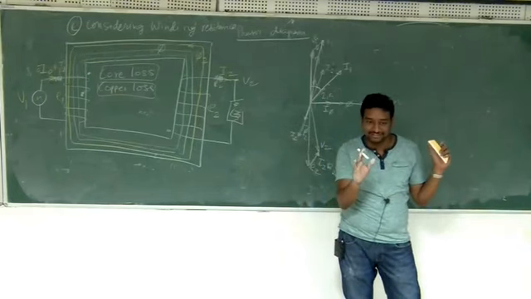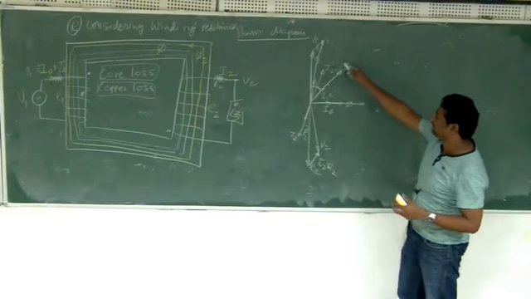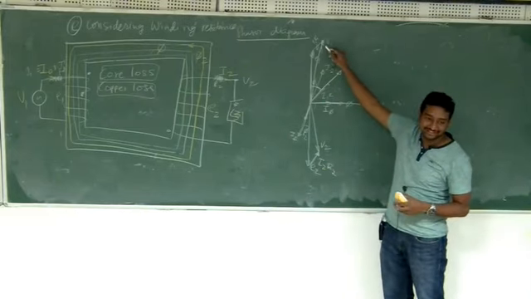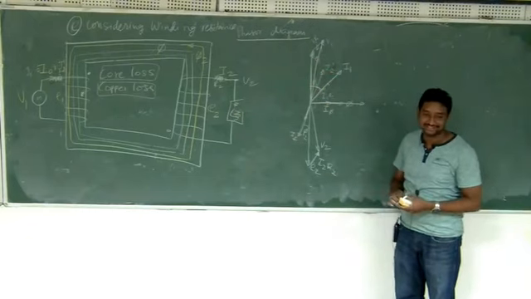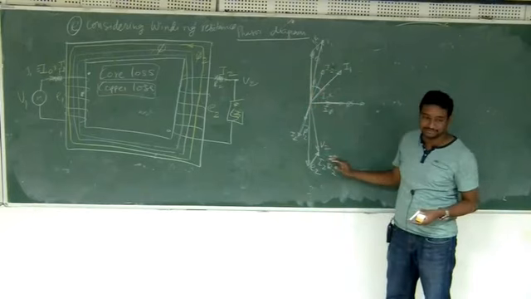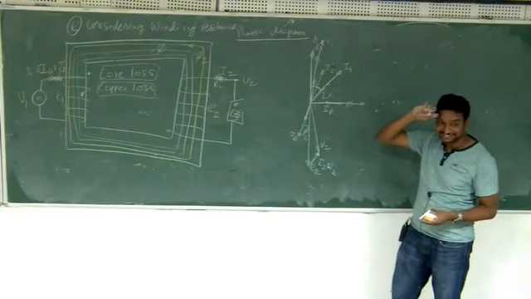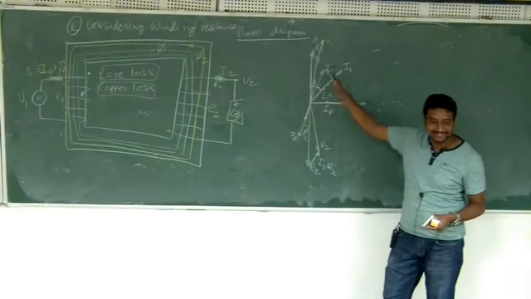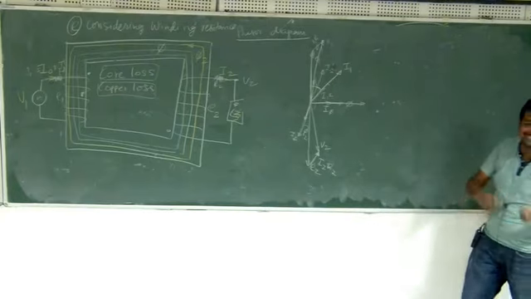But if I rotate E1, then E2 will move, then everything will move. So instead of moving everything, I am just moving V1, keeping E1 there. Okay. So these are all tricks.